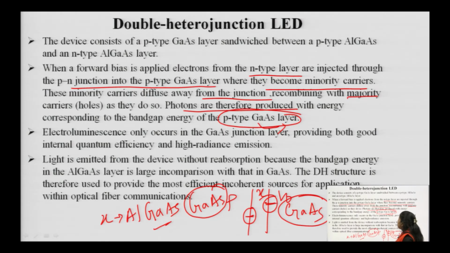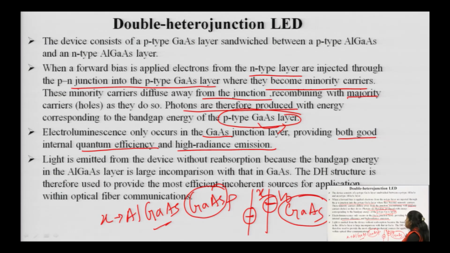The electroluminescence occurs only in the gallium arsenide junction, providing both good internal quantum efficiency and high radiance emission as compared to the homojunction one.